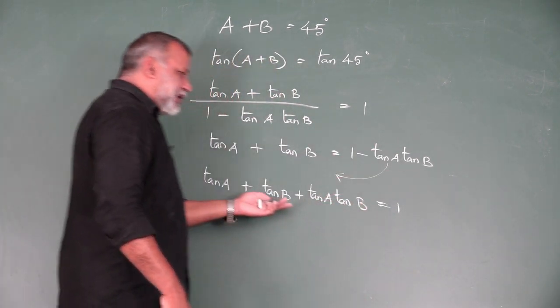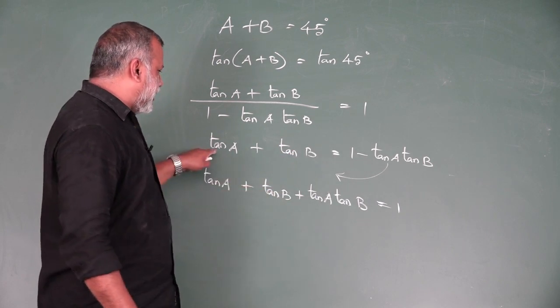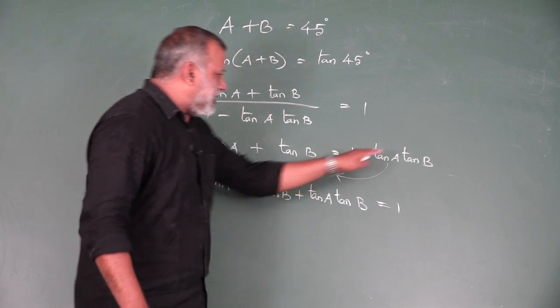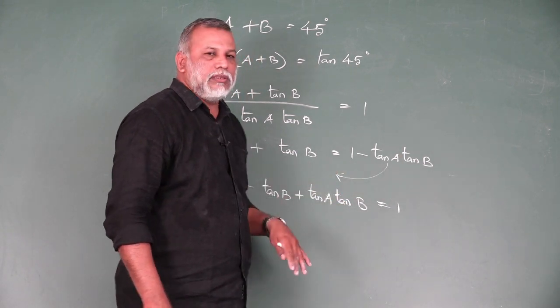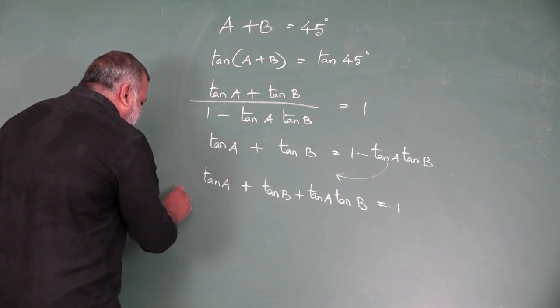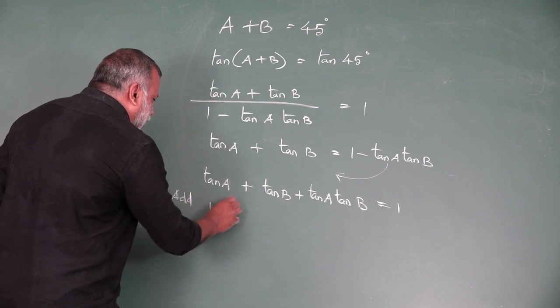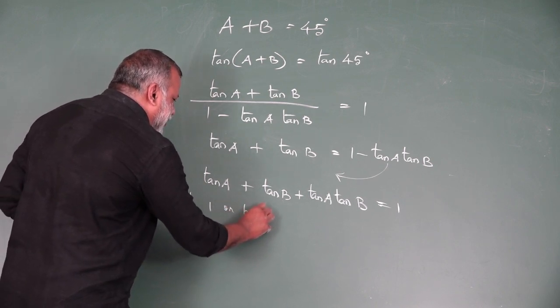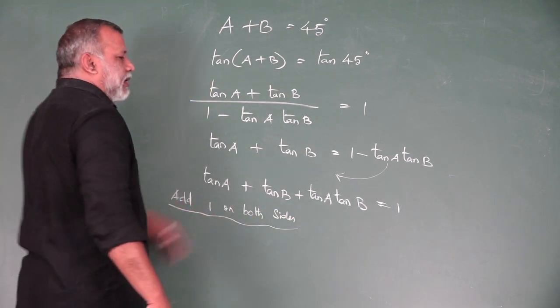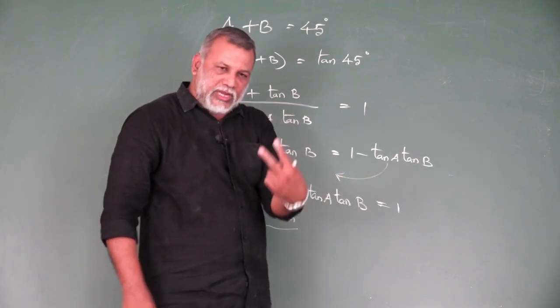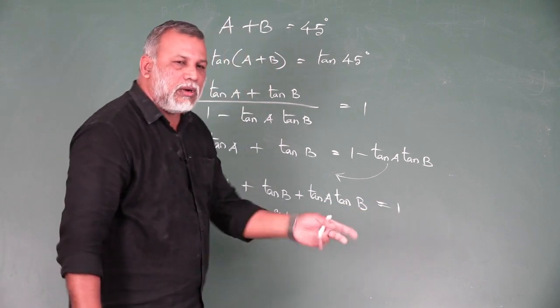So this negative comes to your LHS side and becomes positive. Add 1 on both sides now. This is the logic behind this one. Already we are getting 1, but in your proof we need 2. So I am adding 1 on both sides.